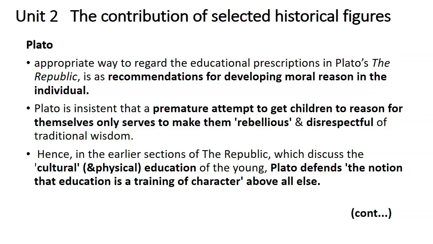He was insistent that a premature attempt to get children to reason for themselves only serves to make them rebellious and disrespectful of traditional wisdom. Therefore, in the earlier sections of this book, which discusses the cultural and physical education of the young, Plato defends the idea that education is a training of character above all else.